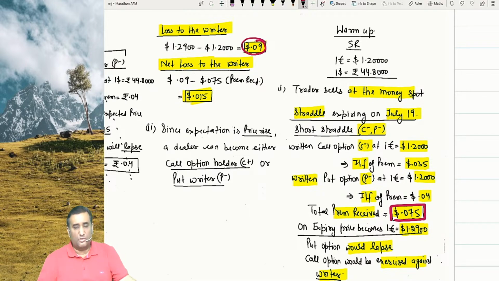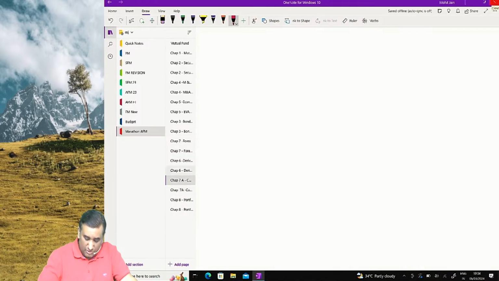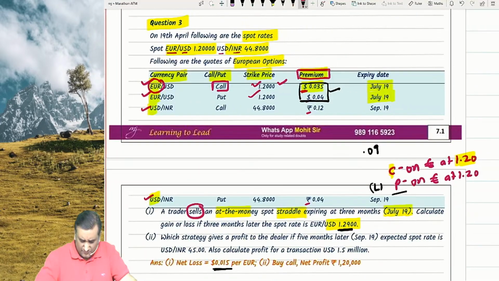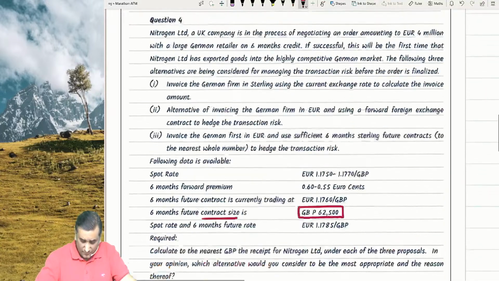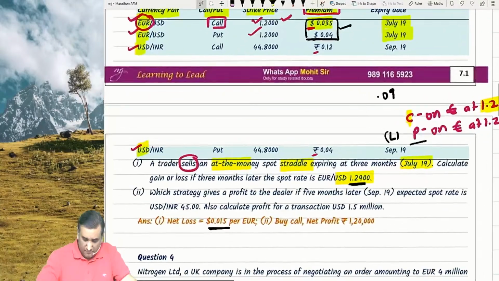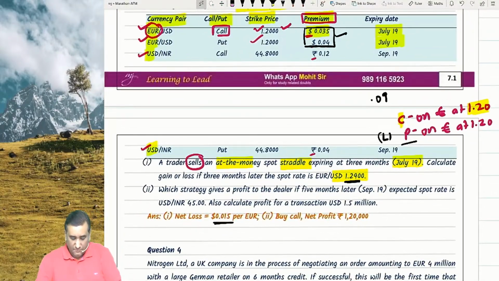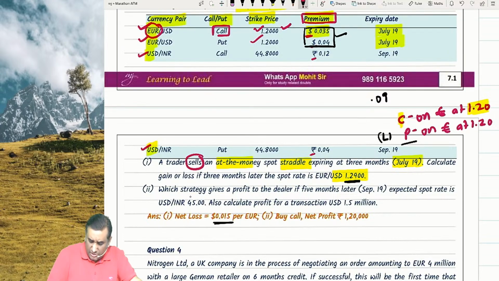Second part we read. First part was a normal call option on the euro. Second part: which strategy gives profit to the dealer? 5 months later, September 19. September 19 is basically a contract on the dollar now.